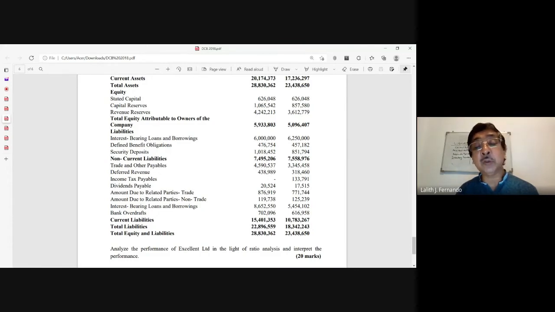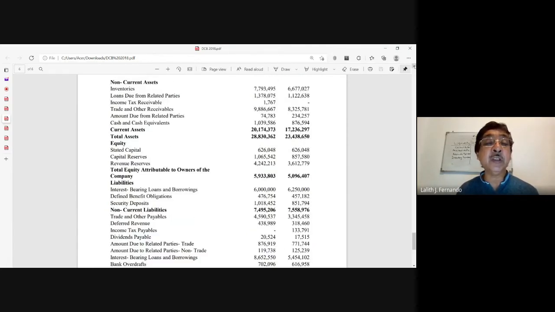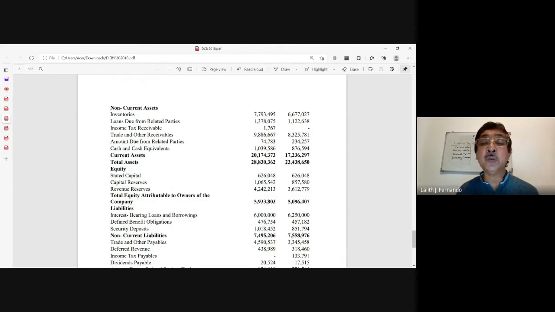Now you can go into the acid test ratio also. In the acid test ratio, what are you going to take as current assets? We just get rid of inventories. Then loans due from related parties we can also get rid of, as those are non-current assets. Cash equivalents you can take.